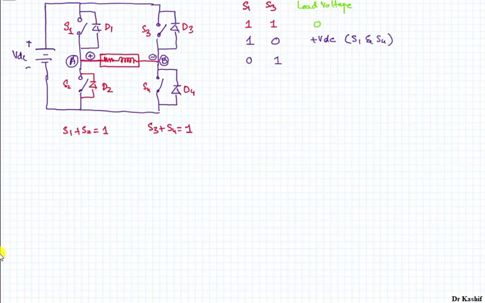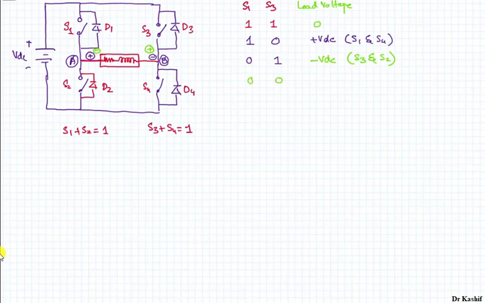So S3 is on, which means point B is connected with the positive terminal of the source and point A is connected with the negative terminal of the source, so your load voltage will be minus VDC, and at that time S3 and S2 are basically conducting.